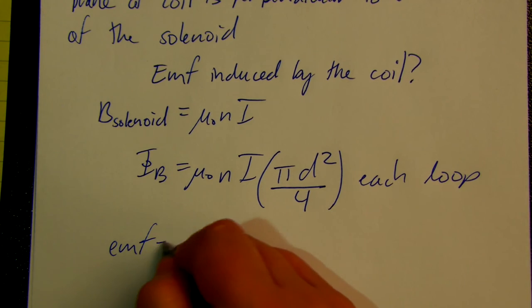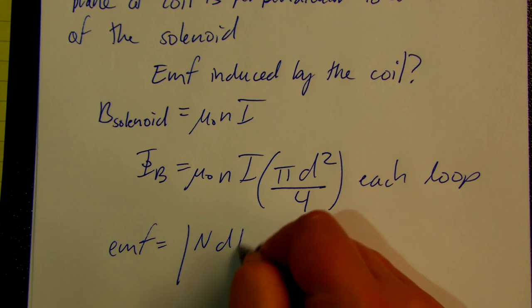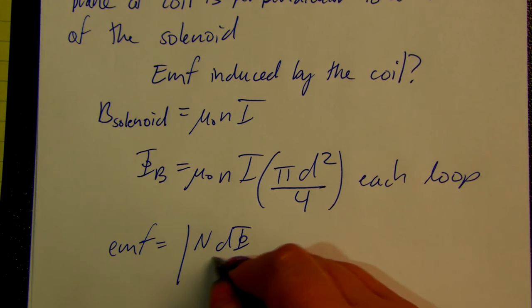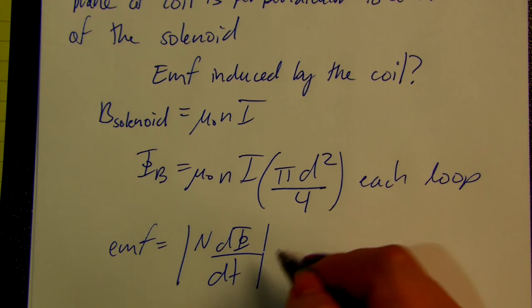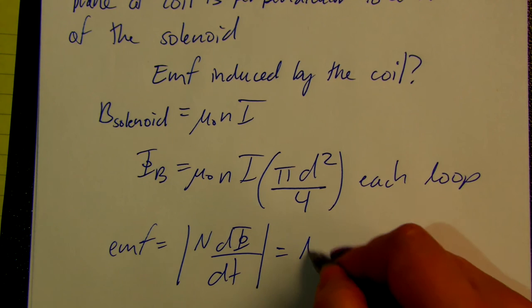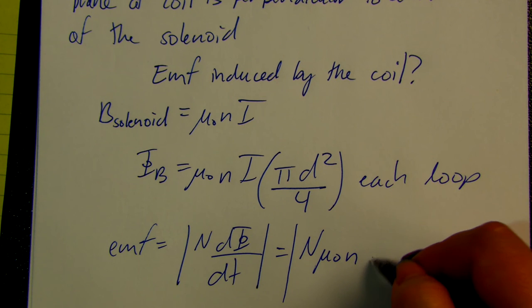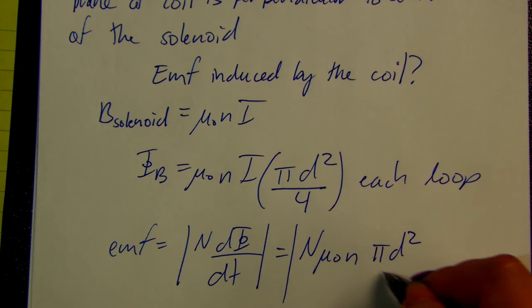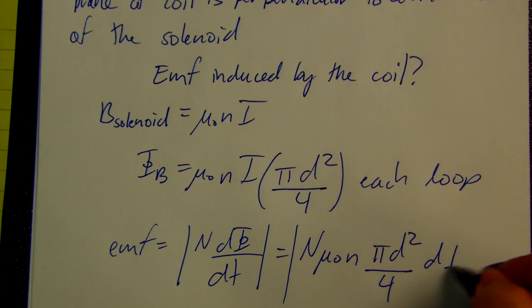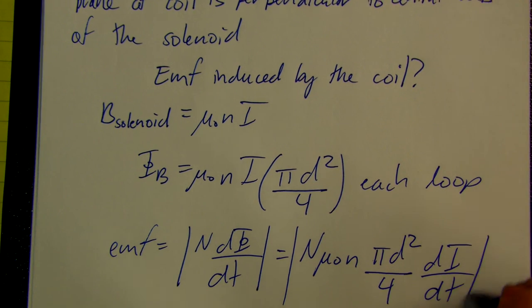EMF is equal to N times the change of magnetic flux with respect to time, which is equal to N mu naught N pi d squared over 4 di dt.